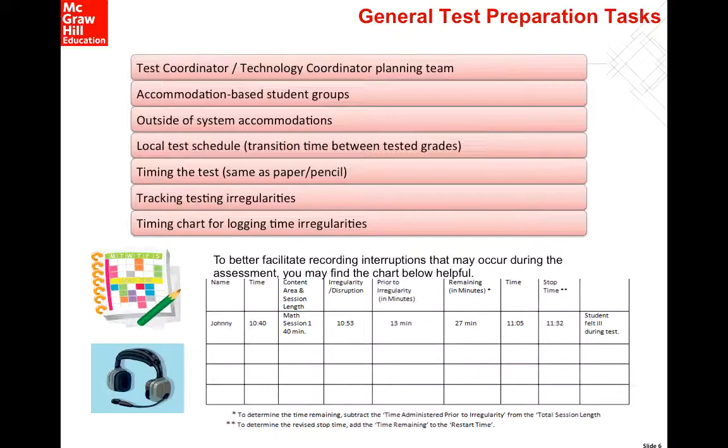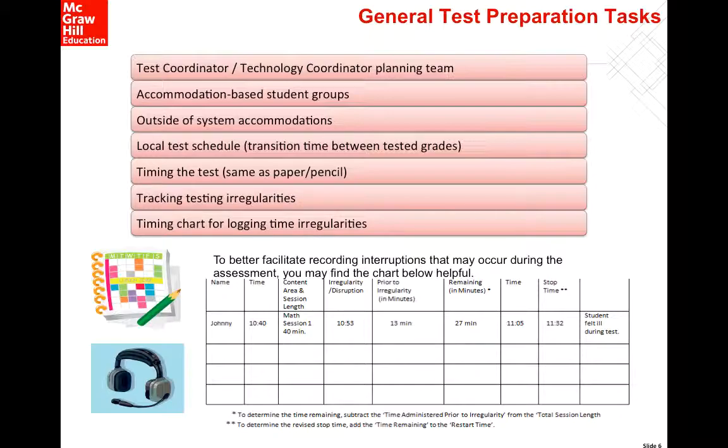These are just a few reminders of some of the general things that you will be responsible for. You do need to work carefully with your computer coordinators. You need to think about your accommodations groups. Be aware of any outside of system accommodations they might need, such as a calculator. Be very careful in developing that local test schedule. Make sure you allow enough transition time between the grades.